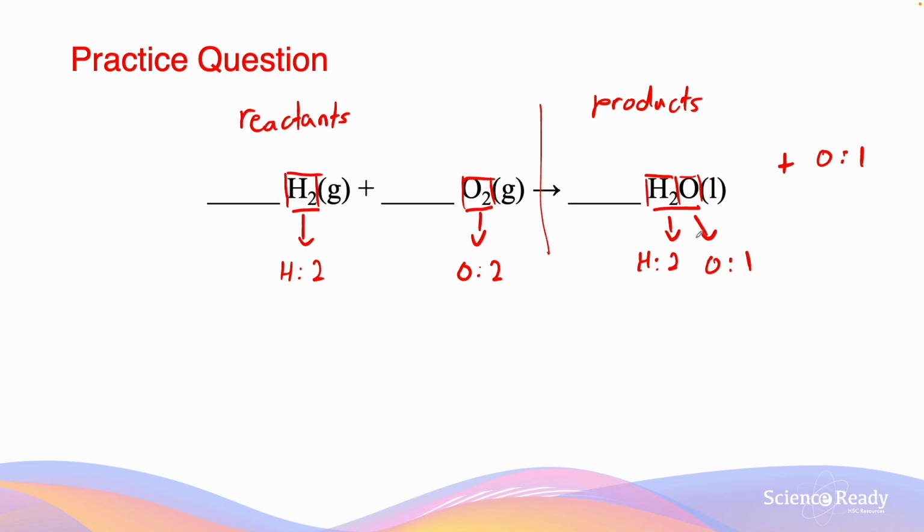What this means is that the ratio of water to hydrogen gas must be 1 to 1. And similarly, the ratio of oxygen gas to water must be 1 to 2. That's because we need to have the same number of atoms on both the left-hand side and the right-hand side of the equation. So first I'll start off with the oxygen.